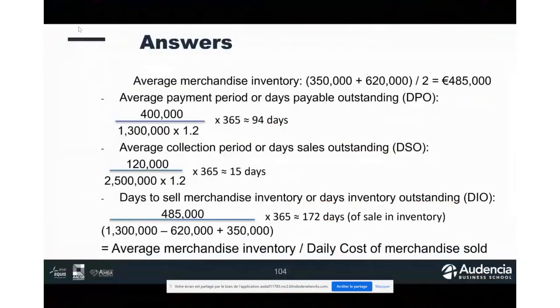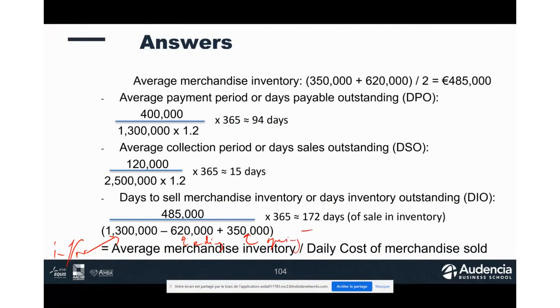So inflow minus ending plus opening, we have the outflow. And the outflow is the cost of merchandise sold, what is in the P&L. So here we have 172 days. So this inventory is sold in 172 days.